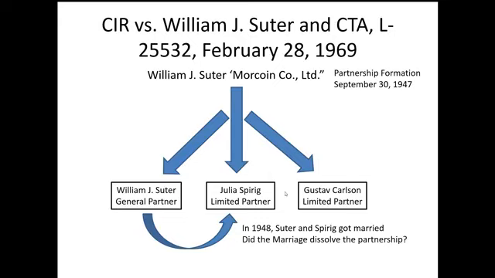In 1948, William J. Soter and Julius Spirig got married. The question is, is the subsequent marriage between Soter and Spirig a ground for automatic dissolution? The BIR, the Commissioner of Internal Revenue, said it was dissolved.